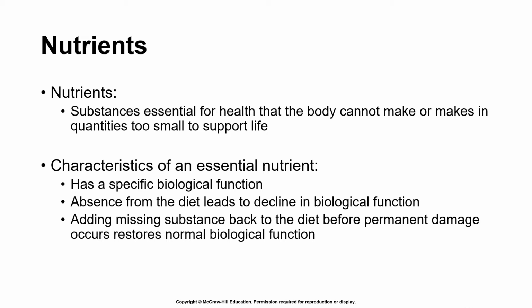Sometimes it has more than one function, but we will say, for example, that calcium has a role in the maintenance of bone health. When we see an absence from the diet of this particular nutrient, there will be some drop in the body's ability to function, something that won't work as well as previously. Sometimes this will show up as a disease condition.